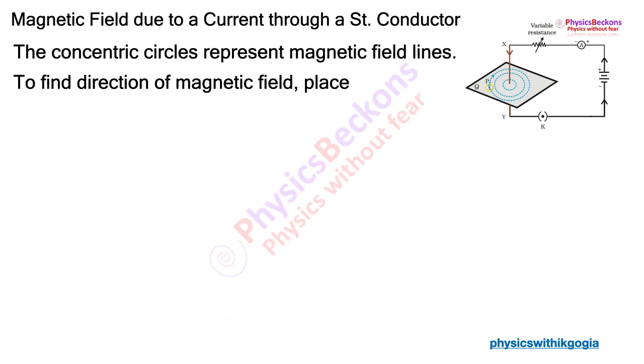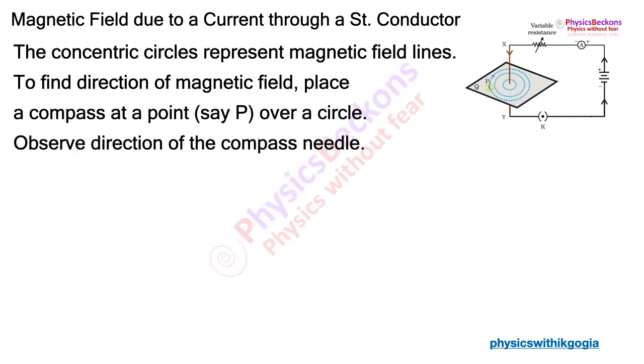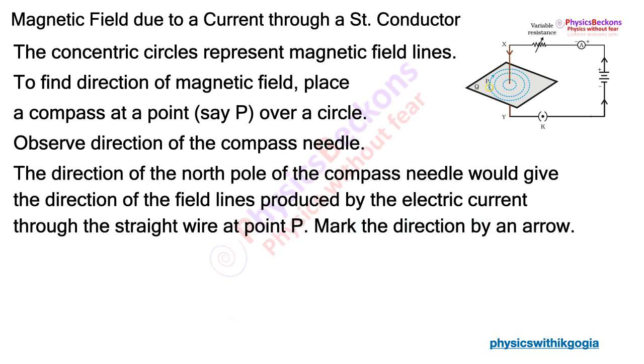To find the direction of the magnetic field, place a compass at some point P over a circle. Observe the direction of the compass needle. The direction along which the north pole of the compass is pointing gives the direction of the magnetic field lines. Mark the direction of the north pole with the help of an arrow.